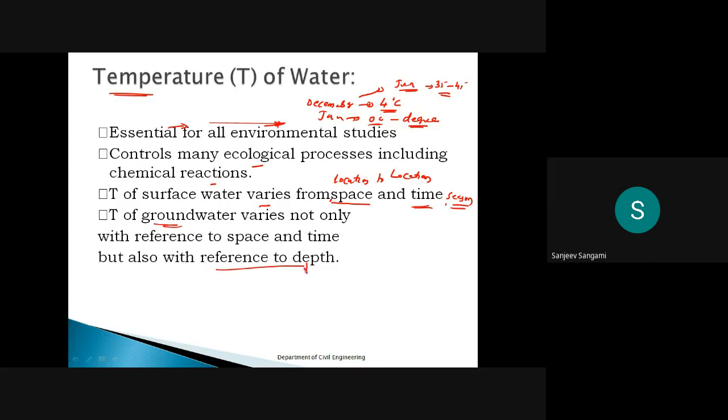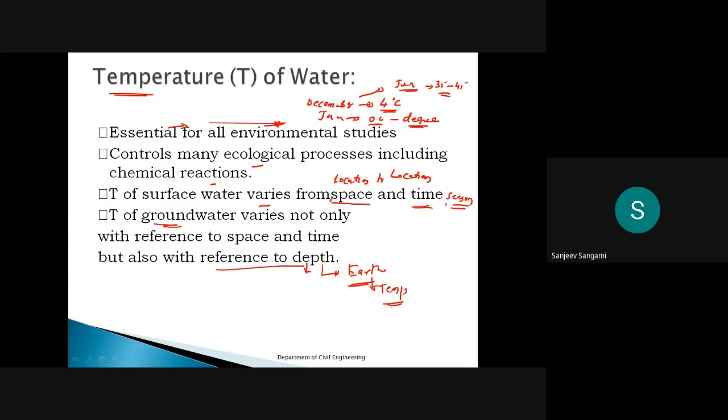This is very important. If you see the structure of the earth, as you go to a depth, a lot of layers will be there, and the temperature will increase.